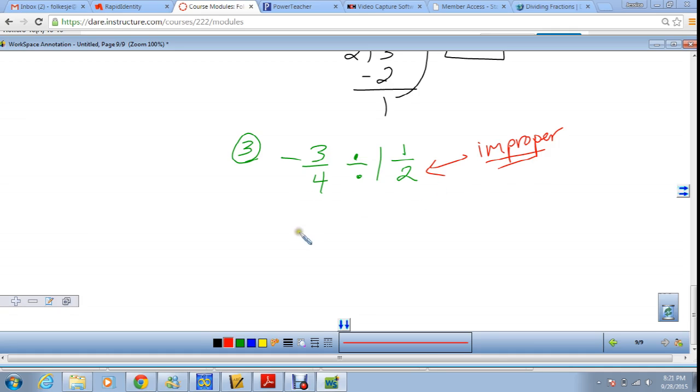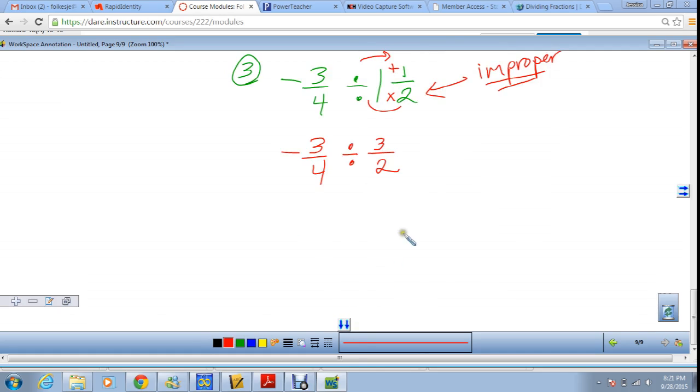Rewrite it and do your times plus. 2 times 1 is 2, plus 1 is 3/2. Now you're ready. The biggest mistake students make is trying to flip it and change it to improper all at the same time, and that's where things go wrong. So take the time, write the extra step, then keep it, change division to multiplication, and flip it.